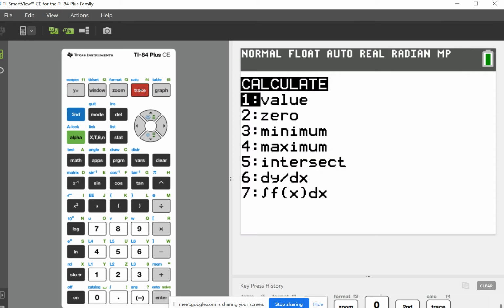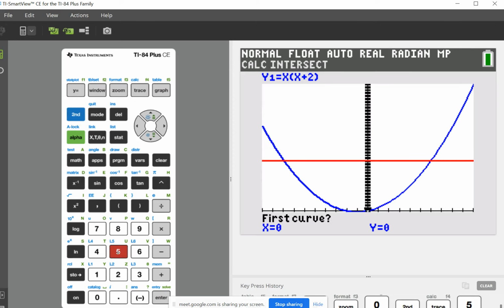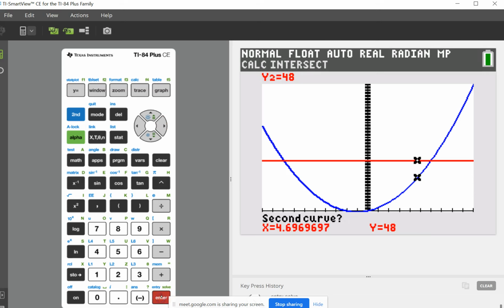So we do second, trace, choose number 5, intersect. And we're going to move our cursor to the right. Once we're somewhere near, we press enter 1, 2, 3 times until we see the word intersection. X is equal to 6.